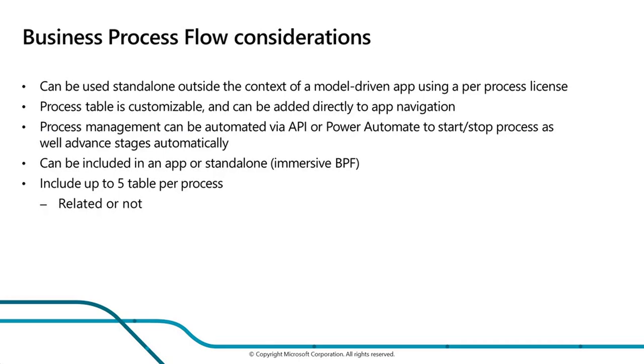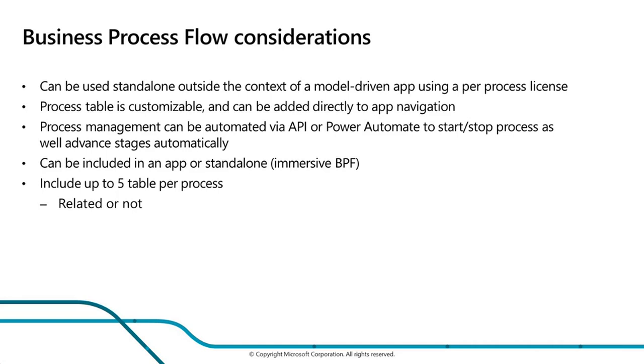Some considerations about the business process flow. It can be used standalone, outside the context of the model-driven application, using the per process license. Super useful and super interesting, because that will become more and more integrated into Teams, for example. So let's look at this in the near future, the way the business process flow will be used outside of the model-driven application. The process table is customizable and can be added directly to app navigation.